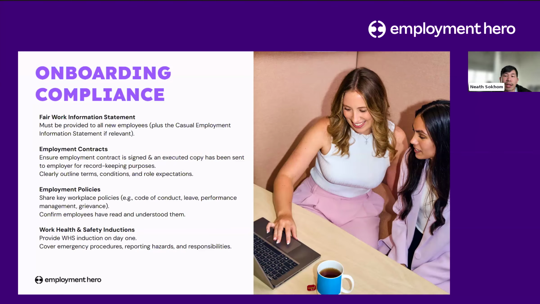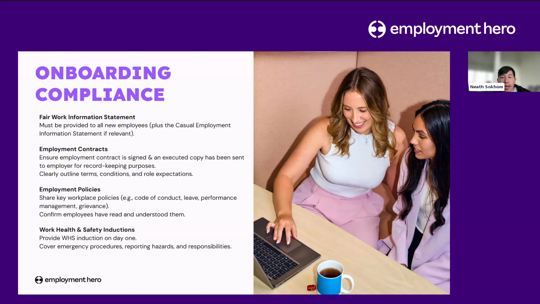Additionally, you also need to make sure that you have a copy of the fully executed employment contract if you don't have it already. So please make sure that you have it. A legally binding employment relationship is underpinned by a fully signed contract. It's not enough for the employer to simply send the contract. You need to ensure that the employee has actually signed it and returned an executed copy to you.